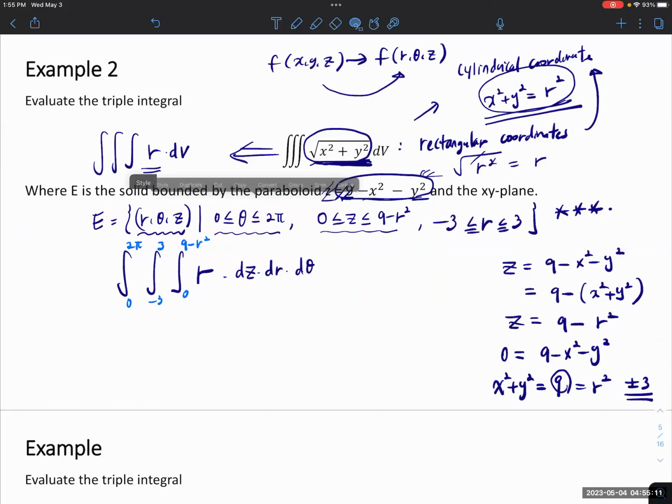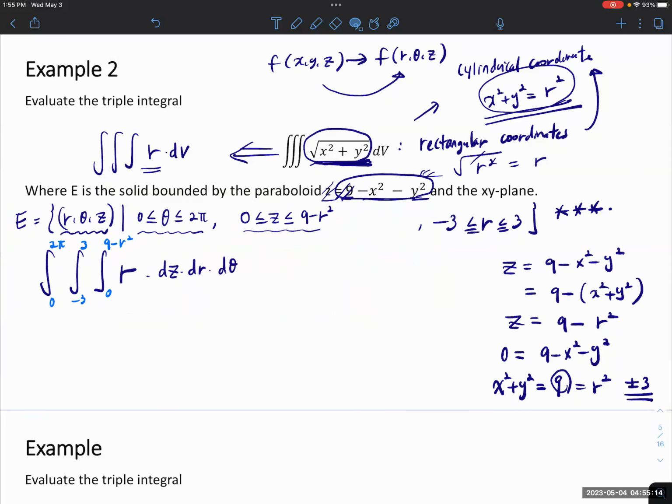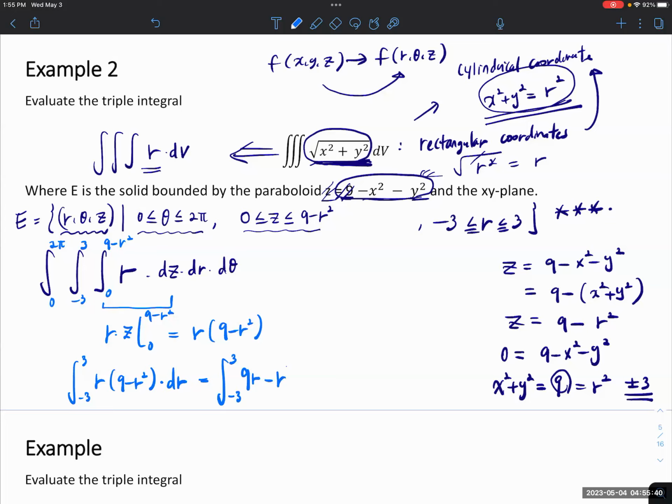So I'm going to try a little bit. So let me bring it here. So then this part, r is a constant. So z from 0 to 9 minus r squared. So r times 9 minus r squared, and minus 0 is 0. So that means integral from -3 to 3 of r times 9 minus r squared, now dr. You can actually expand it: 9r minus r to the third, dr. So now you can take the integral: 9r squared over 2 minus r to the 4 over 4, from -3 to 3.